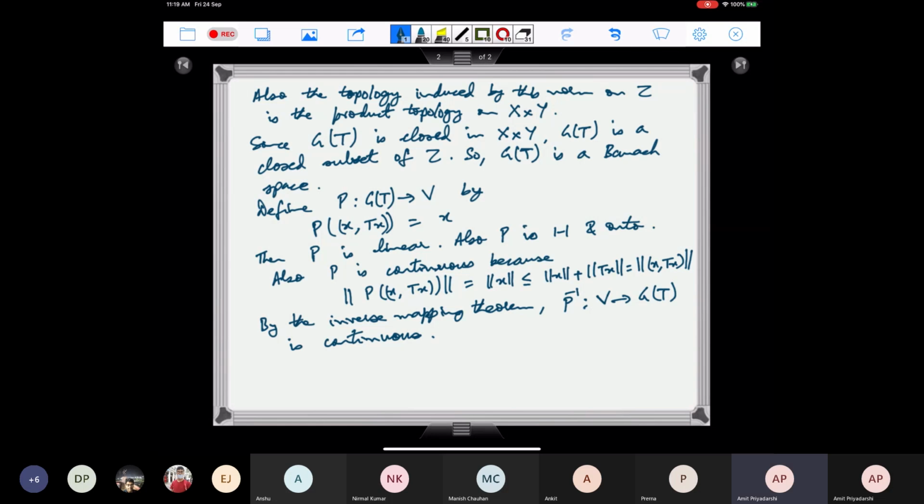Or we can use this norm also. If we look at norm of Tx, this is less than or equal to norm x plus norm Tx. And what is norm x plus norm Tx? This is norm of (x, Tx).